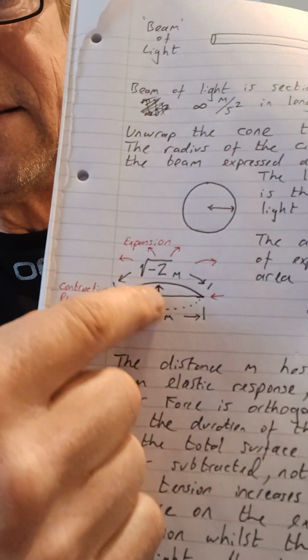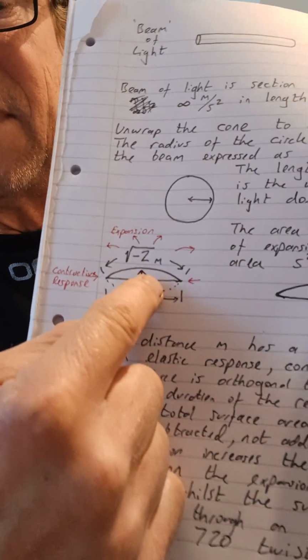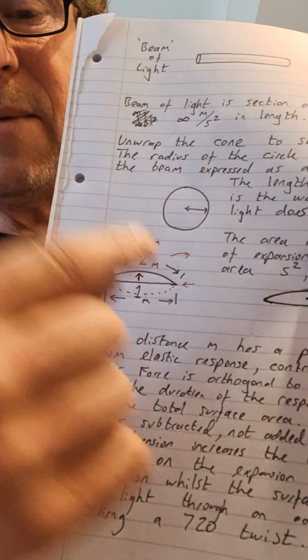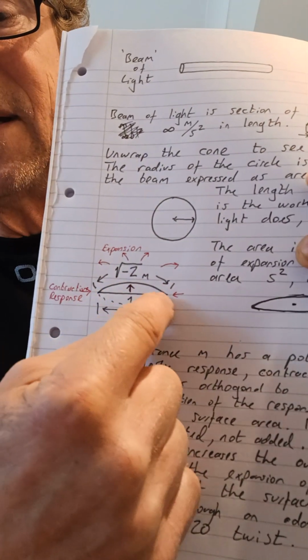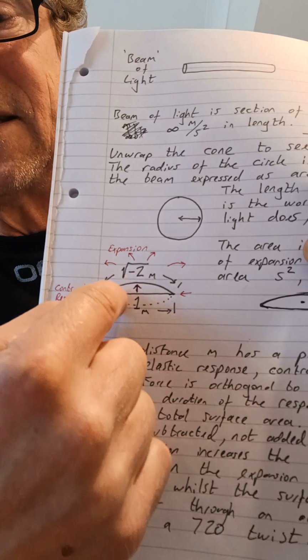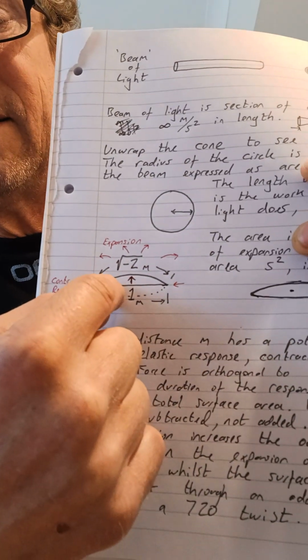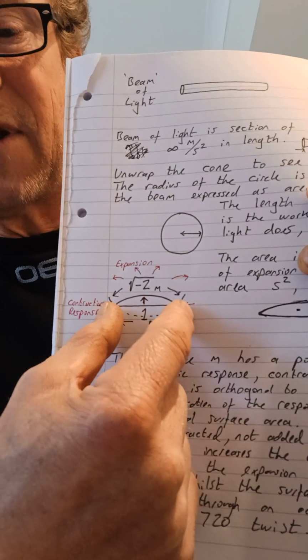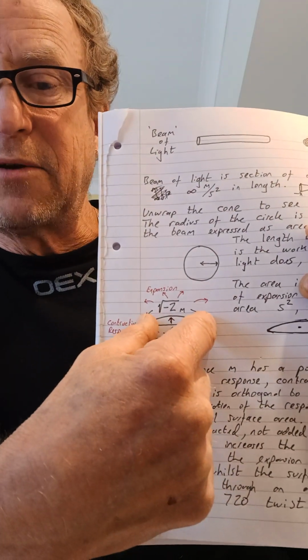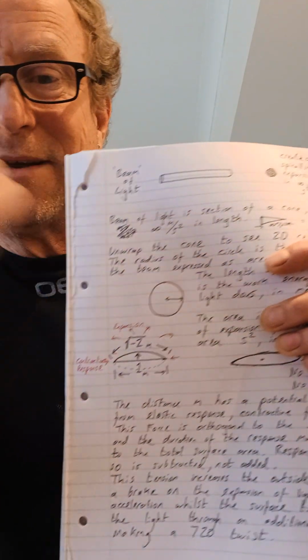The tension in the contractive force of the straight line at either end tries to bend as the expansive force of the light moving in that direction, which creates the beam, creates an expansive force. That expansive force creates a dent in the surface area, and that dent is now the mouthpiece of Gabriel's horn. And so Gabriel's horn goes off in this direction.